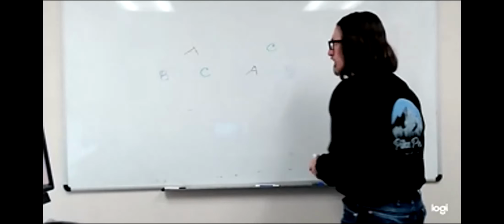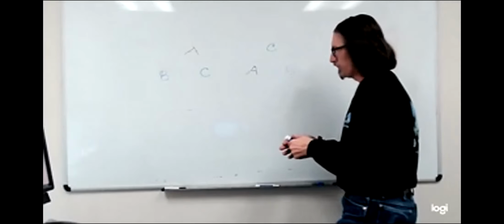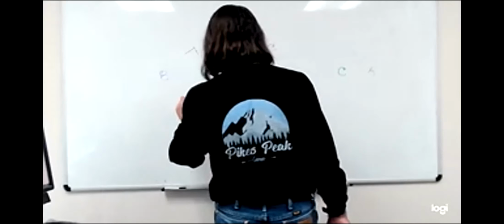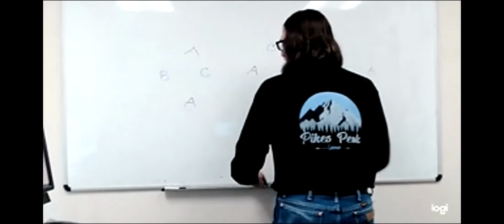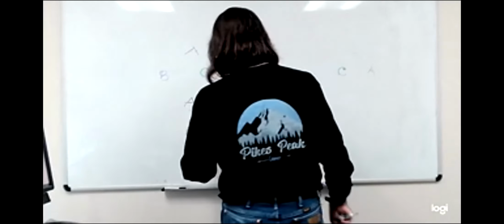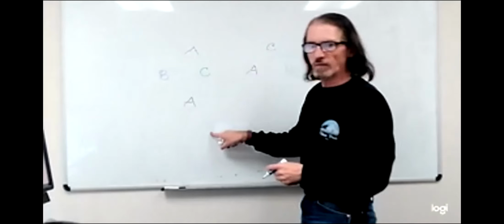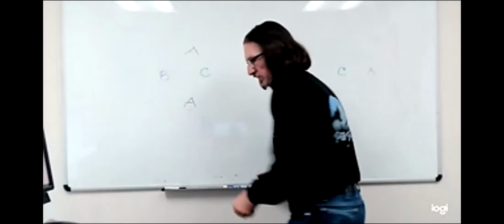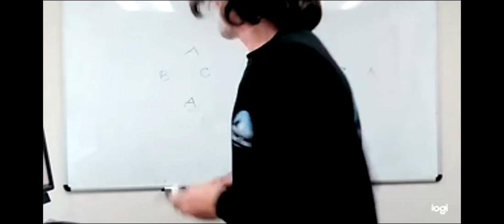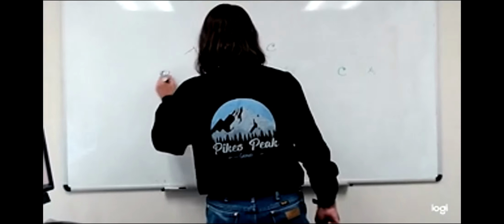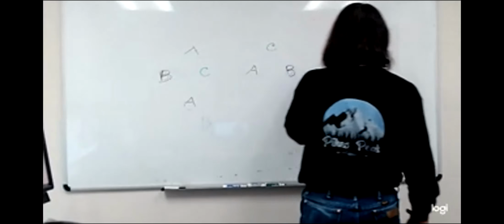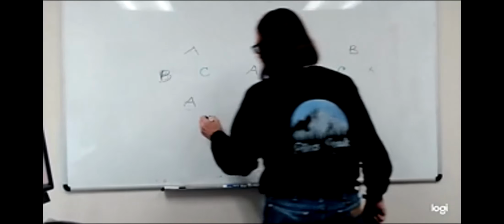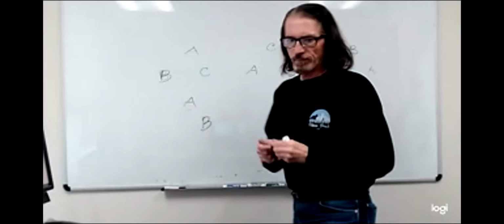So what would be something different? We could have A up here and then B over here. It's not showing up all that well. Let me put B in black here. Okay.